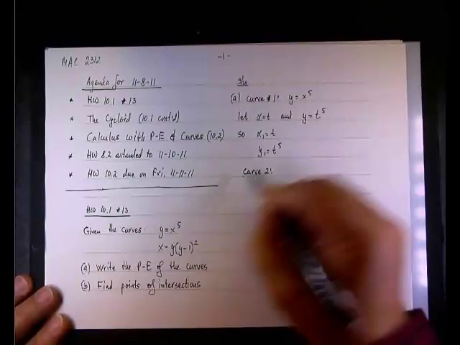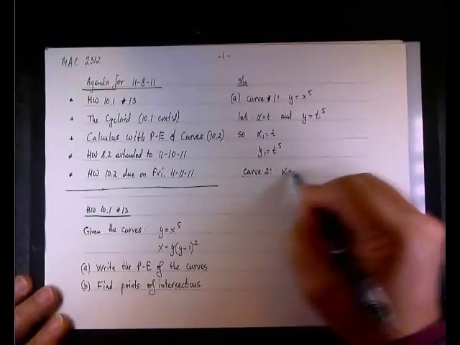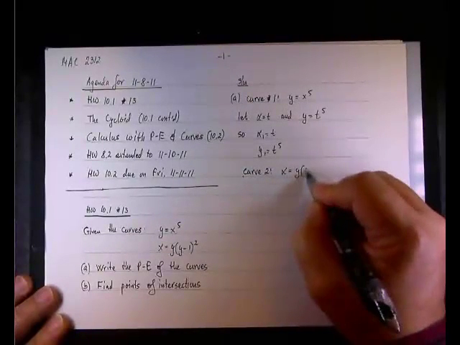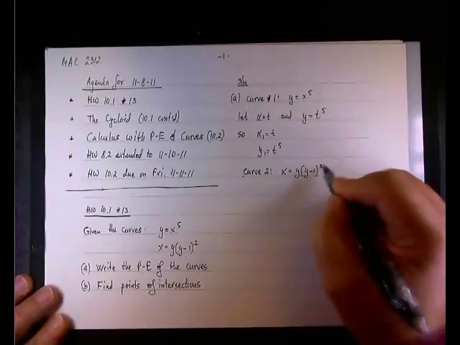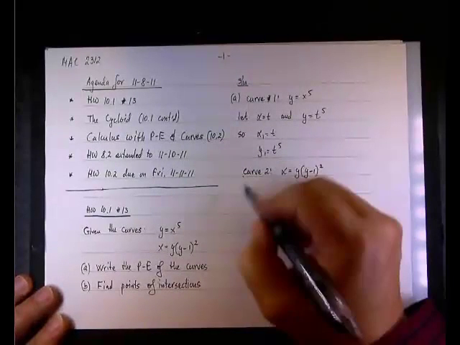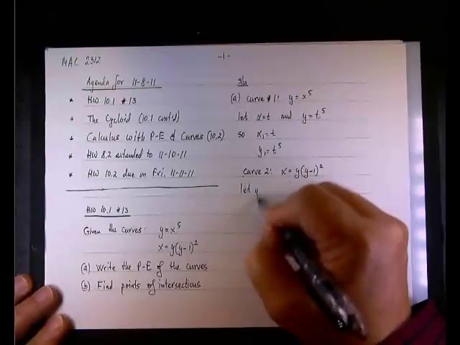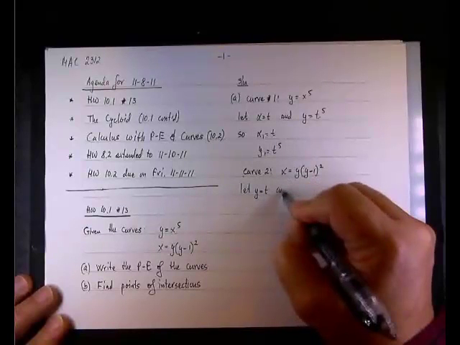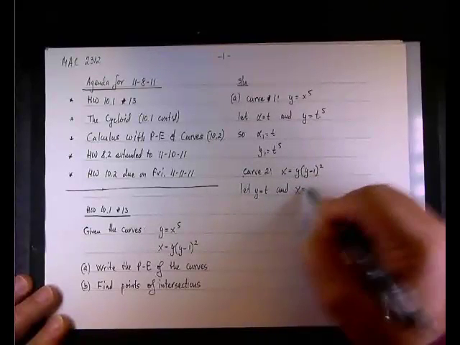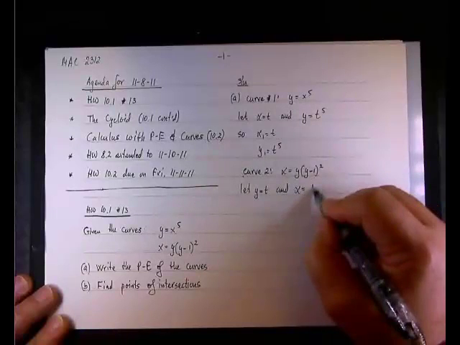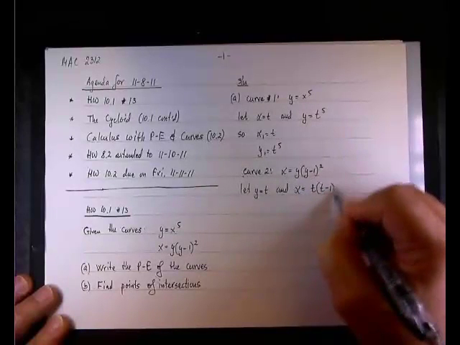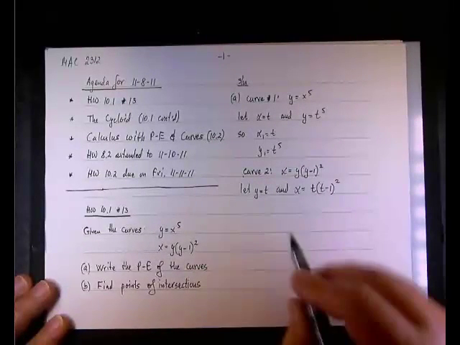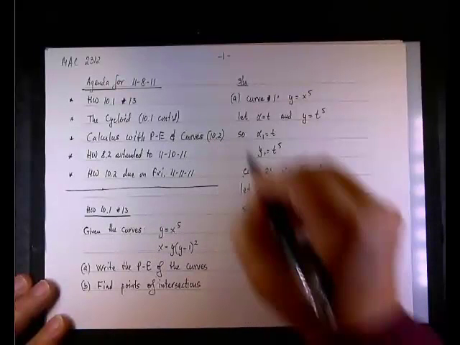Curve 2 is different. Curve 2 is x equals a function of y. So in this case, if you recall the guideline, we let y equal t, and we let x equal t times t minus 1 squared.